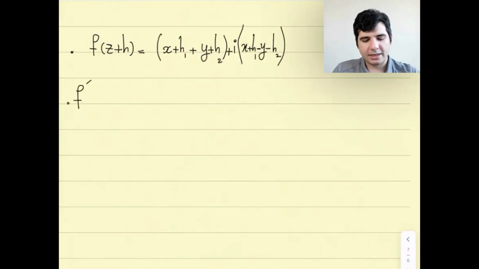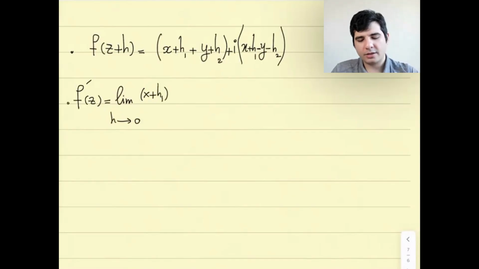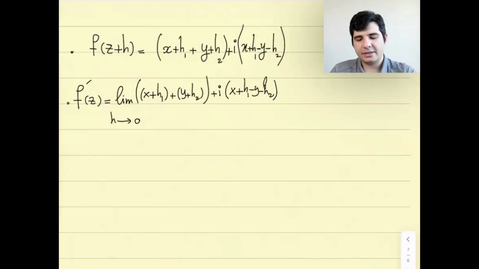So what is the limit we should check? The limit of h goes to 0, f of z plus h, which is x plus h1 plus y plus h2, right? Plus i times (x plus h1 minus y minus h2), minus f of z.